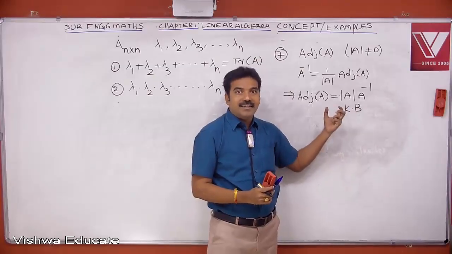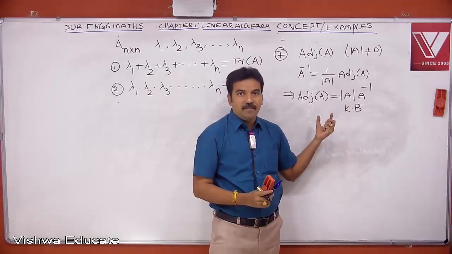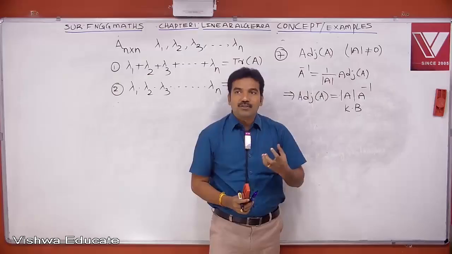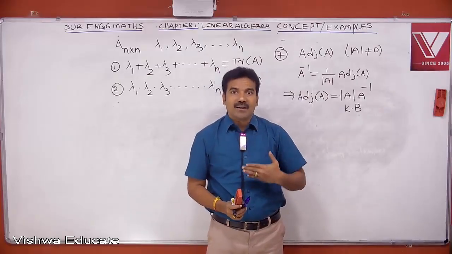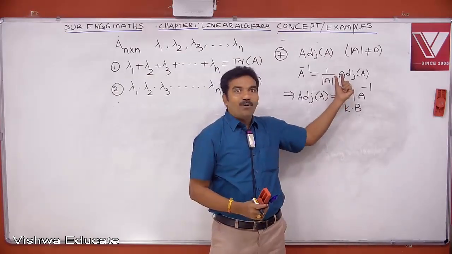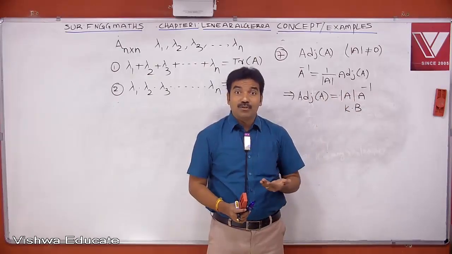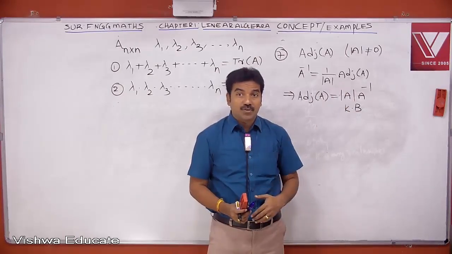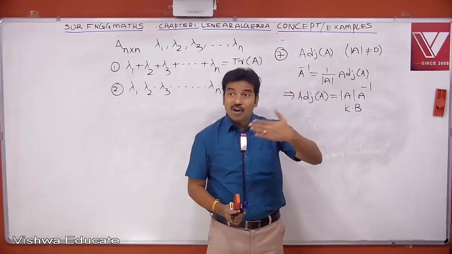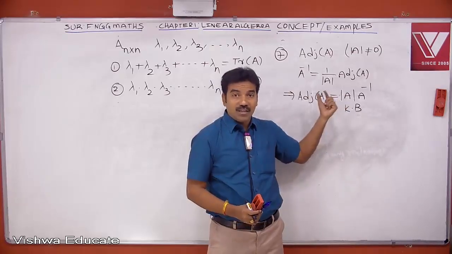Then I can easily get the eigenvalues of the adjoint of A. If you ask me to find the eigenvalues of a singular matrix, where A inverse does not exist, then this point does not work and you need to go in the normal direction.